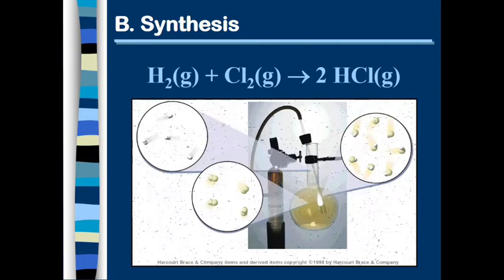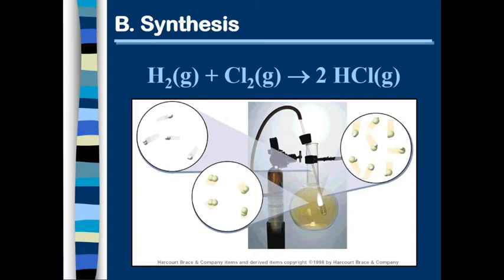In this example right here, we have hydrogen and chlorine gas producing hydrochloric acid, or HCl. As a reminder, your diatomic elements. So hydrogen and chlorine are both diatomic elements. They are in their diatomic state. Whenever they combine to give you HCl, you see it here.